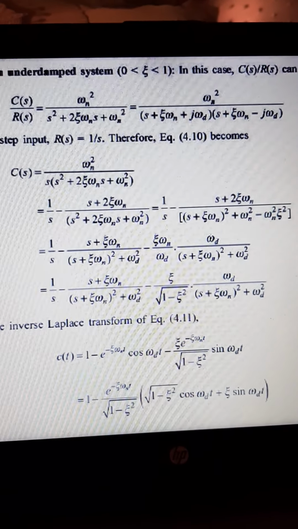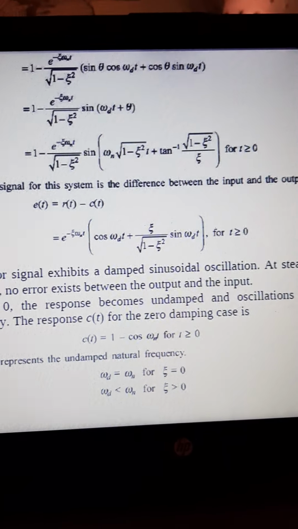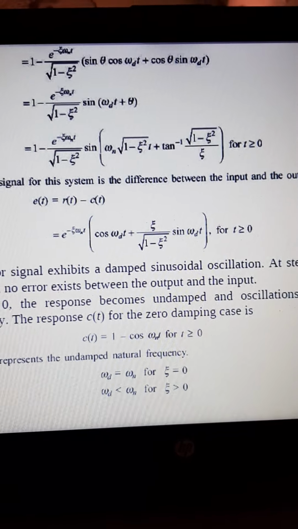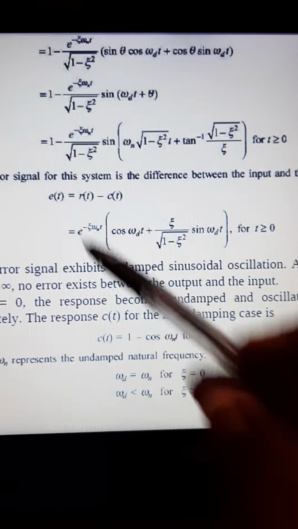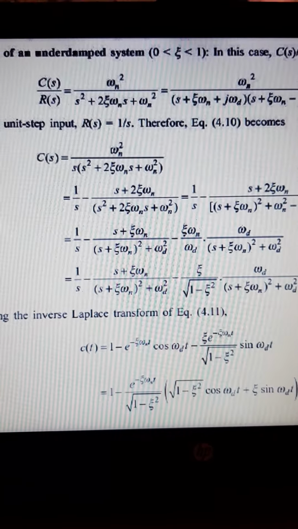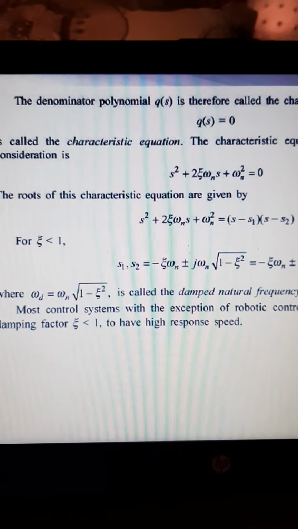Now you are getting c of t as this much. This is the c of t. This you have to substitute from r of t.